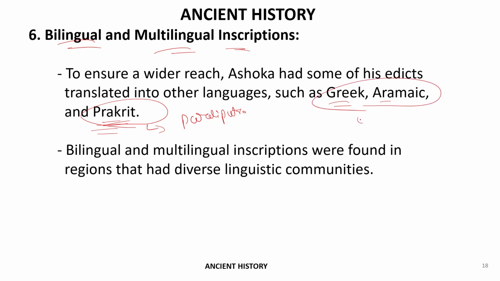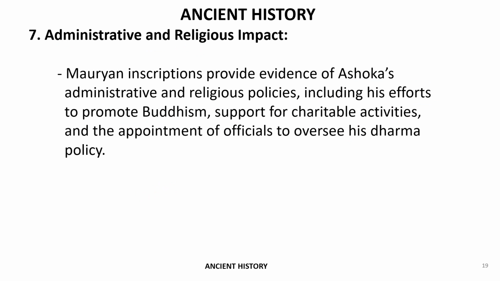Okay, the Greek and Aramaic were used for far western areas where people could not understand Prakrit and Brahmi. Okay, so he used Greek and Aramaic. So basically you can say he used bilingual and multilingual inscriptions to reach more and more people and to propagate his policies freely. Now let's move forward.